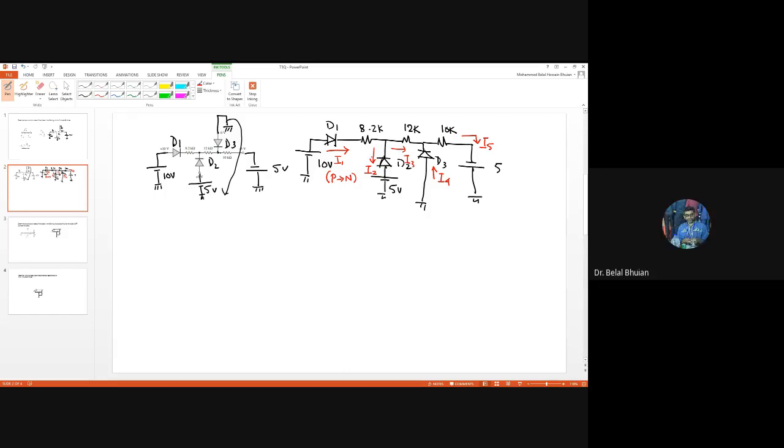N to P. So when you go for an assumption, you can assume any direction, N to P, but I4 is P to N. About I3 and I5, since the current is not flowing through any diode, we don't need to worry about this direction. So next, let's assume all the diodes are on.